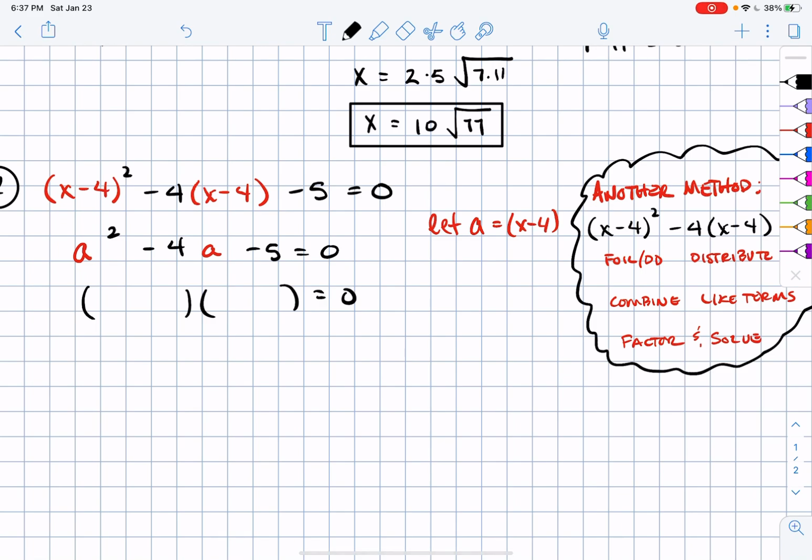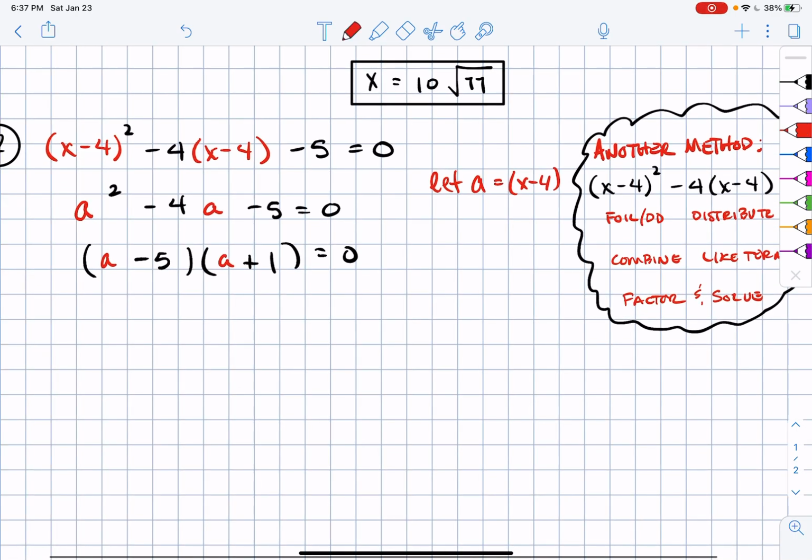Two numbers multiplied together give you -5, yet added together give you -4. So it'll be a and a. I'm going to have a -5 and a +1, because -5 times 1 is -5, and -5 plus 1 is -4. So that works. So now I'm going to have a is equal to 5 and a is equal to -1.